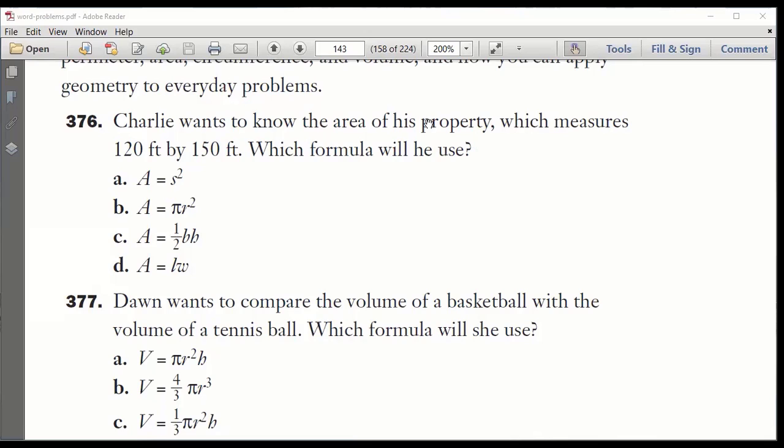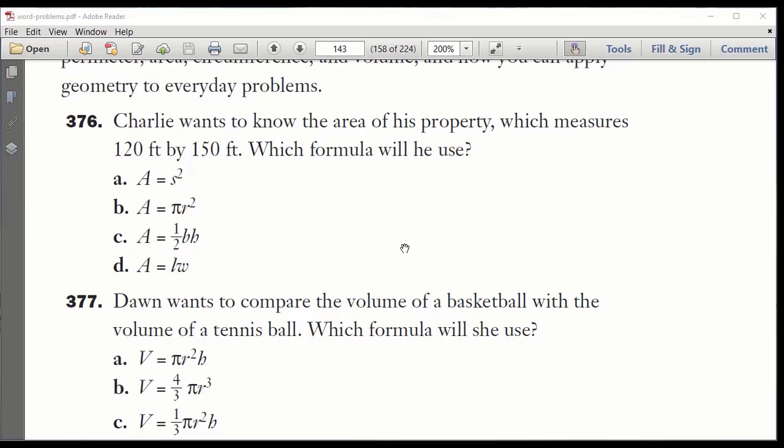It can be A equal to a square, A equal to pi r square, A equal to half BH, A equal to LW. A equal to S square? No, a square means both sides are equal. Here they are not equal. It's not a square, right? It's length into width, or we say length into breadth, because it's a rectangular shape.